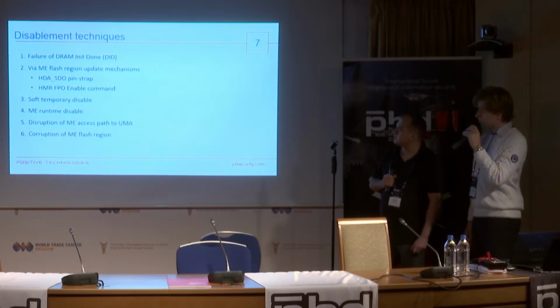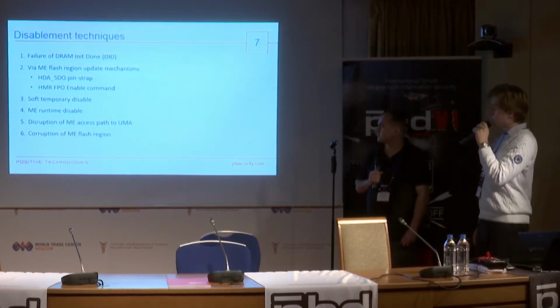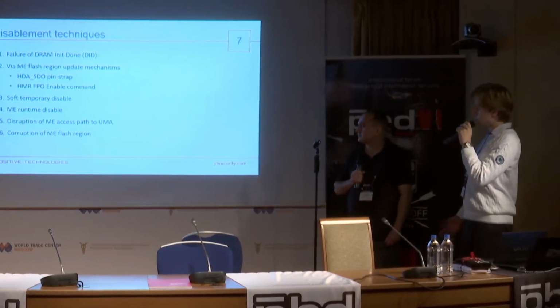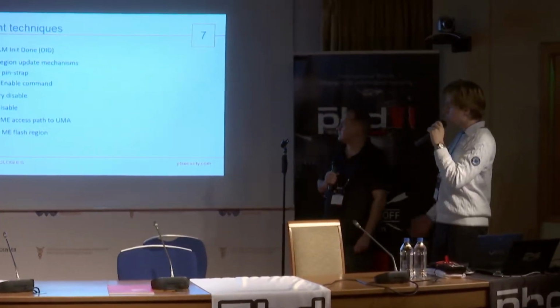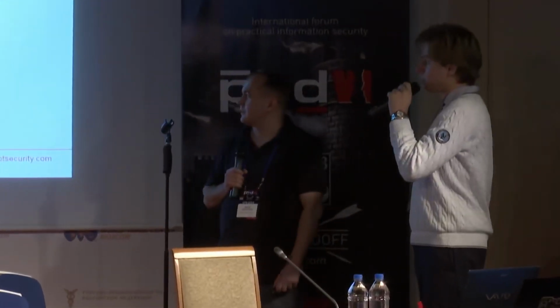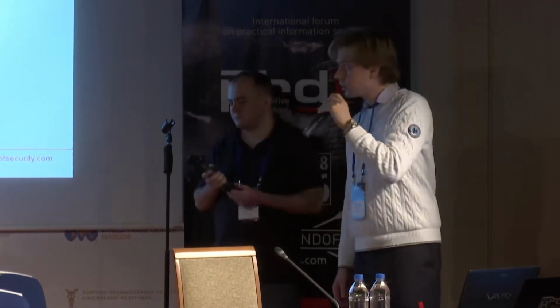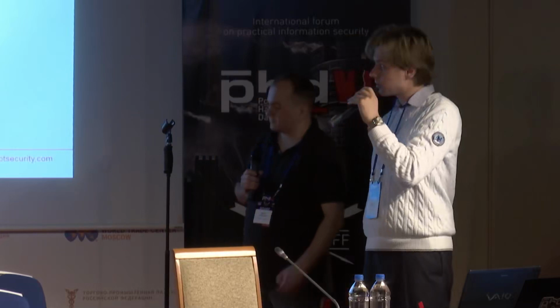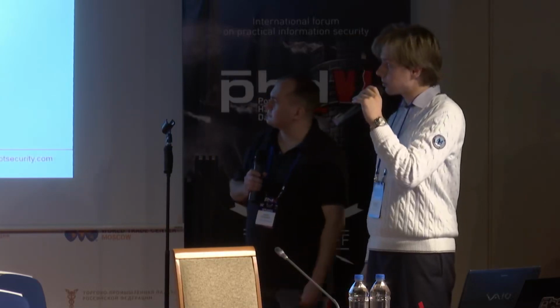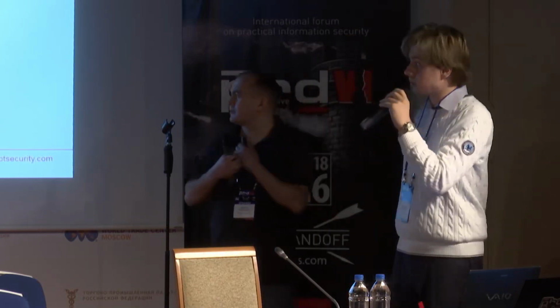Right now we'll just show you some ways that we have created, 6 ways actually, of shutting it down. Failure of DRAM init done, DID, via ME flash region update mechanisms, soft temporary disable.